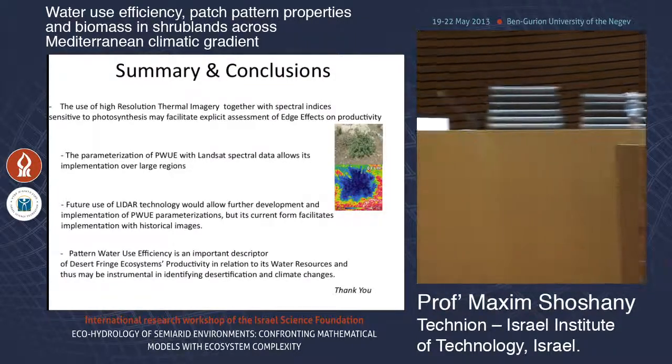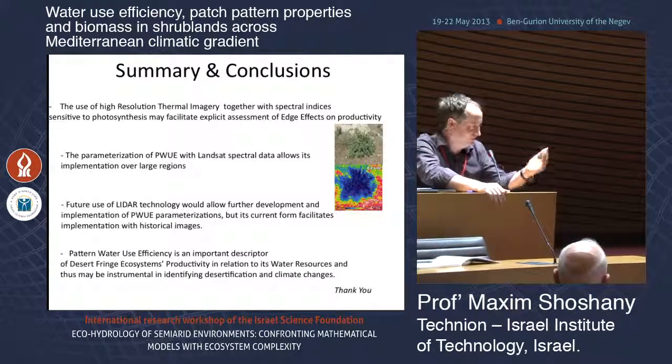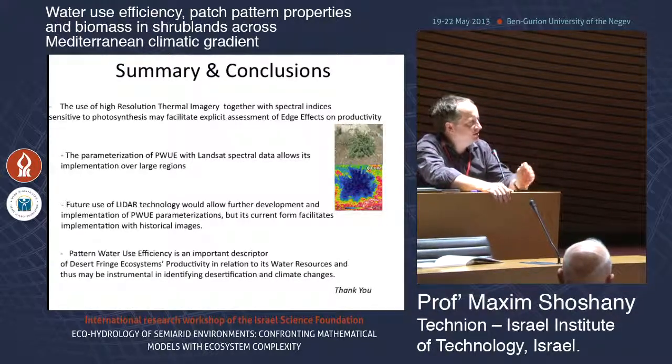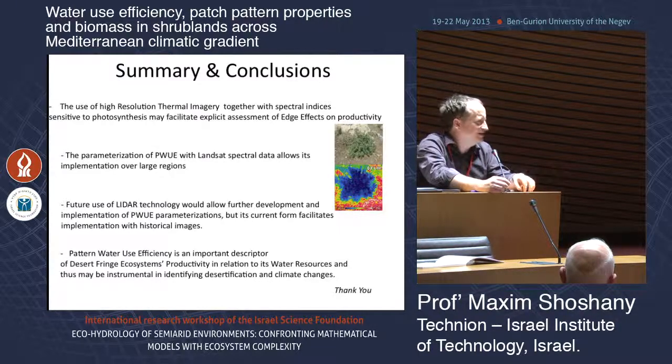When you derived your water use efficiency equation or formula, we know, at least from mathematical modeling, that by varying the relative role of the different feedbacks at work, say you play with the infiltration feedback and the root feedback, you can vary how important it is for the vegetation to be sitting at the center of a patch or not.